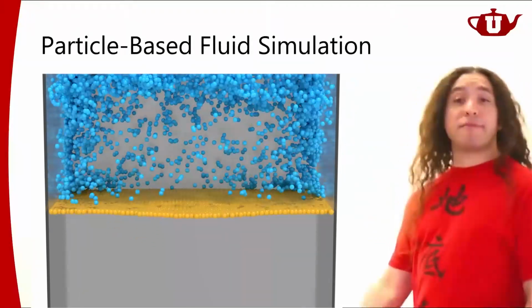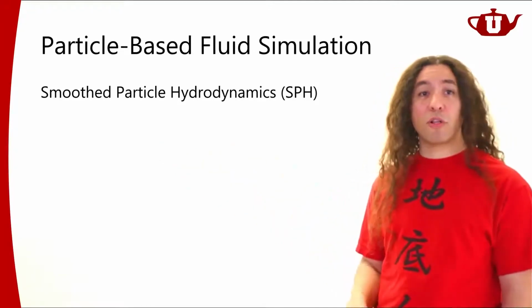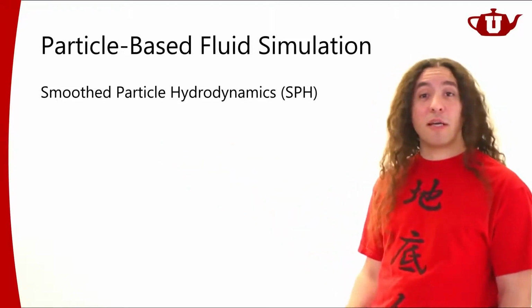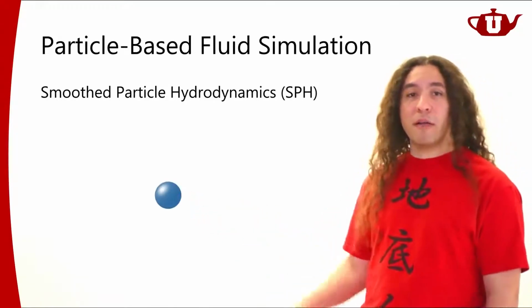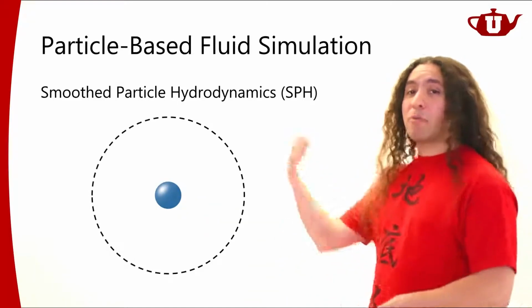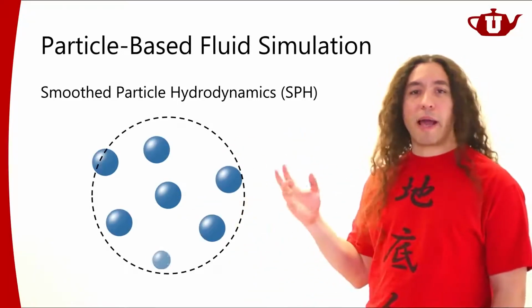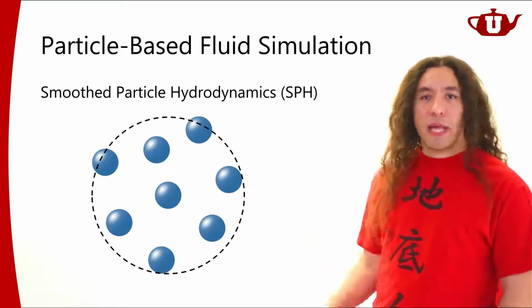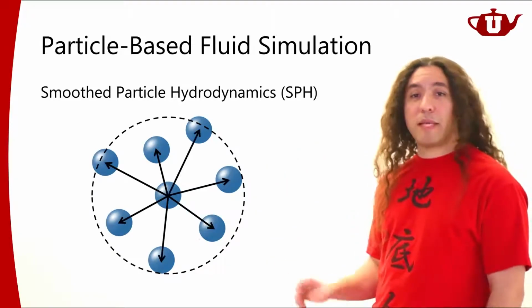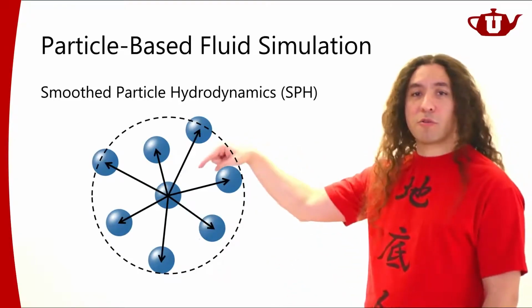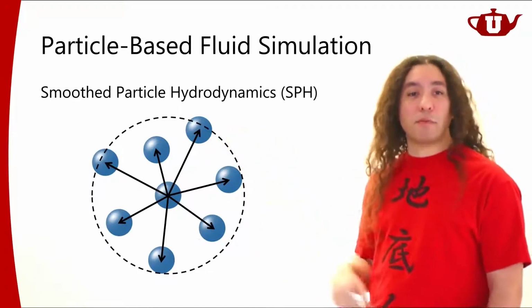A common method of particle-based fluid simulation is smooth particle hydrodynamics, or SPH. The way SPH works is that for each fluid particle here, I look at a neighborhood around that particle, and I find the other particles around it within that neighborhood. And then I'm going to apply forces between these particles, forces that are exerted onto this particle due to the presence of the other particles around it.